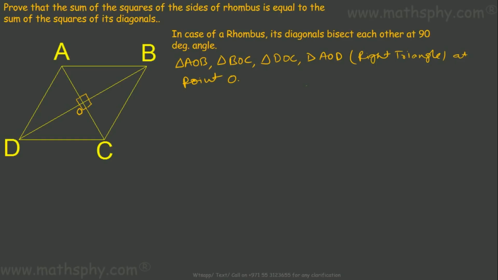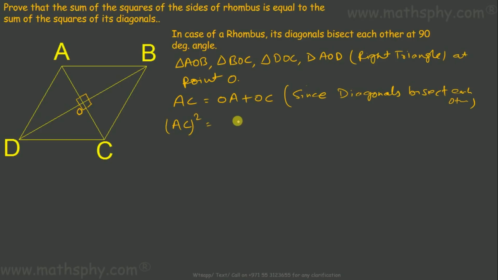Okay, second point here is AC is equal to OA plus OC. So if I write AC square, means squaring both the sides, this would be OA plus OC whole square. So AC square will be equal to OA square plus OC square plus 2 into OA into OC.